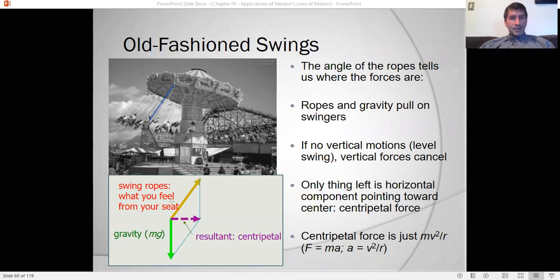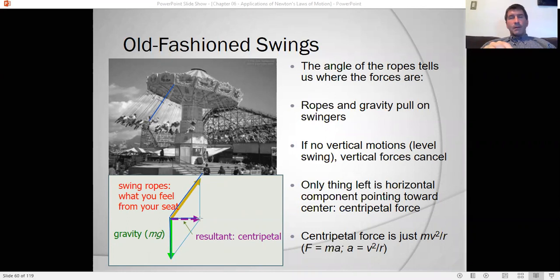That creates a tension, which is off in this direction right here. So you have the tension pulling you to the center and upward, and that's countering the weight downward, plus providing a total force toward the center.